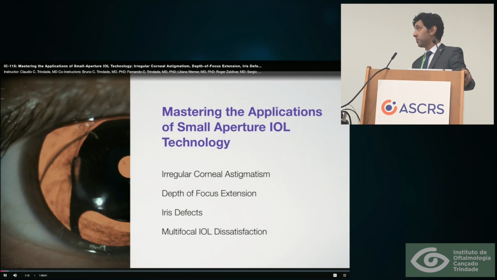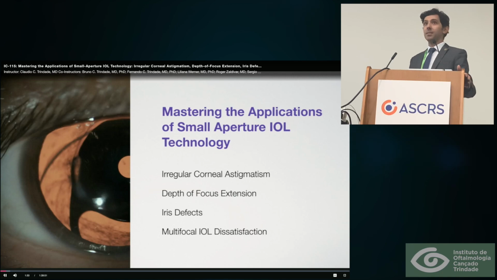Our course is pretty much organized into the main applications here. We can use small aperture optics for irregular astigmatism. We can use it to extend depth of focus and treat presbyopia in normal eyes with normal corneas.